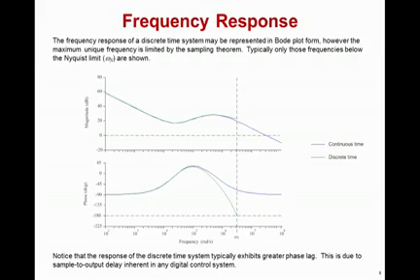You'll also notice the greater phase lag in the discrete time system. This has to do with the measuring of our ADC and the output of our PWM and the delay between the two. This introduces a phase lag into the system that is not characteristic of analog control systems but is present in digital control systems.